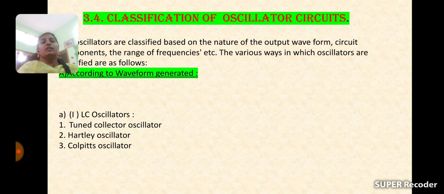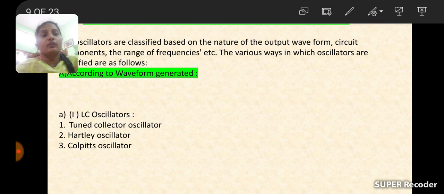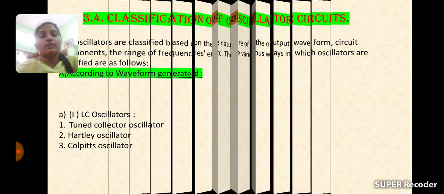First, according to the waveform generated, or according to the components used. Here the oscillators are classified into 4 types: LC oscillator, tuned oscillator, Hartley oscillator, as well as Colpitts oscillator. So according to the waveform generation, how many types of oscillators are there here?